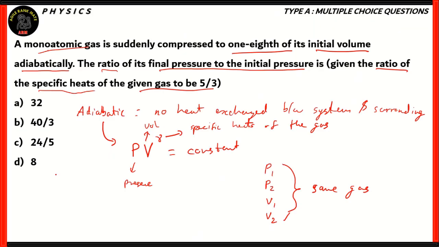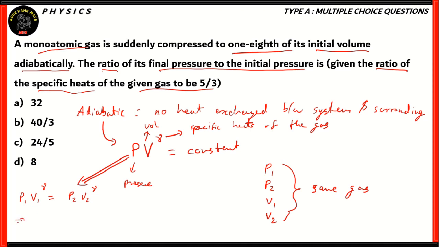Okay, so since PV raised to nu is a constant, what this means is that P1 V1 raised to nu equals P2 V2 raised to nu for the two cases, initial and final.